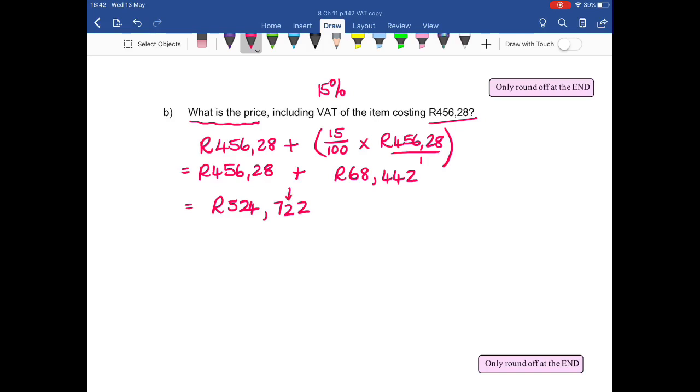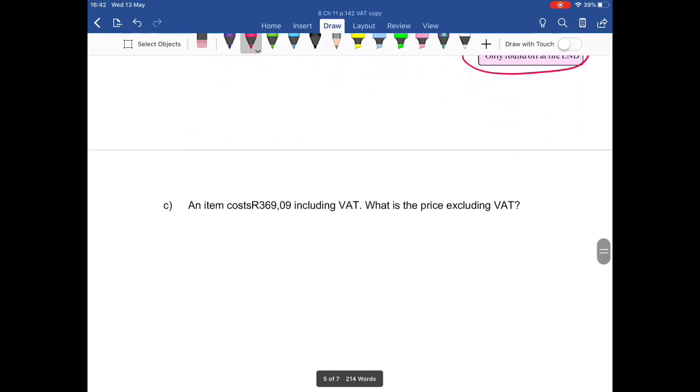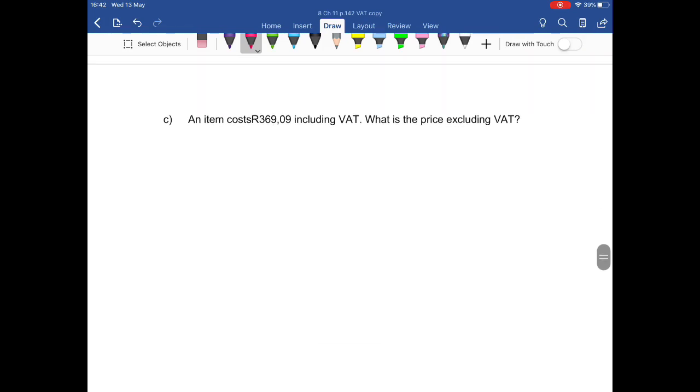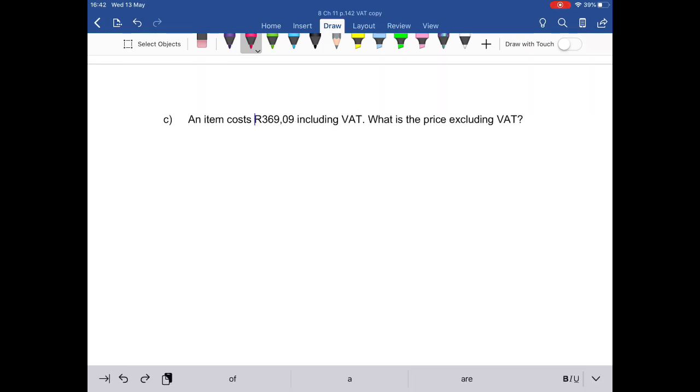Round off to 2 decimal places, look at the neighbor, 4 or less, let it rest. So this is going to be 524 Rand and 72 cents. Again, round off only at the end. Let's look at the next one. This is the more difficult ones.